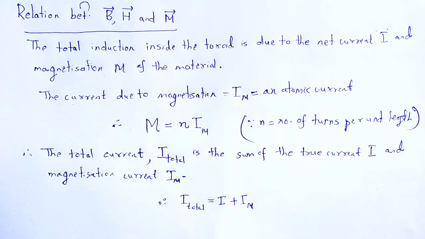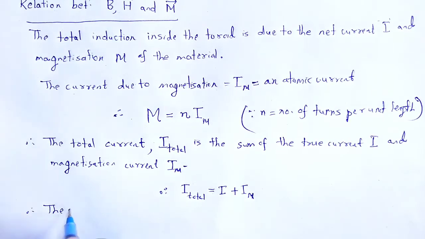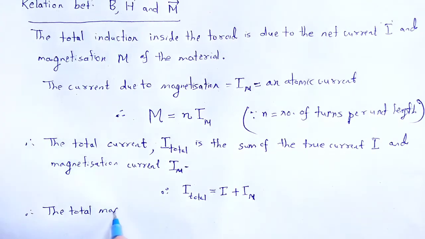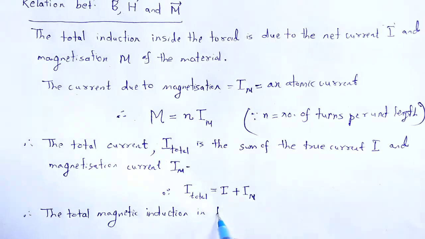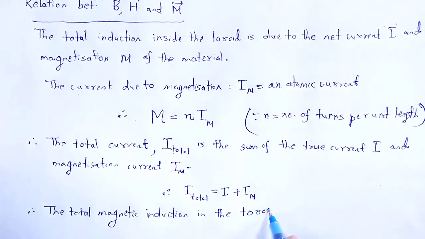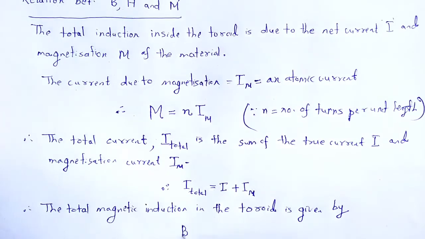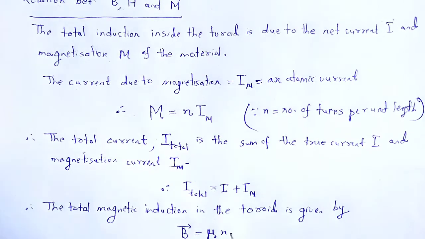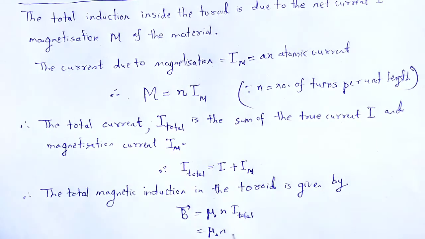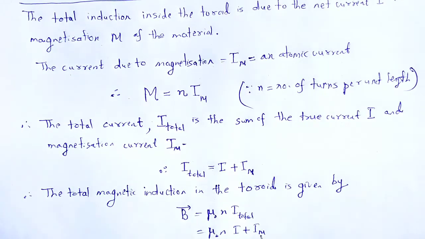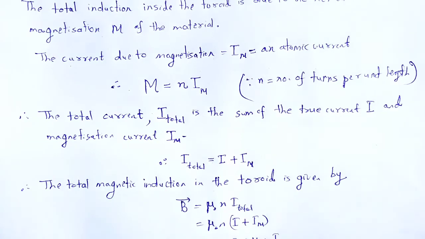Therefore, the total magnetic induction in the toroid is given by B is equal to mu n into I total, that is mu n into I plus Im, which is equal to mu n I plus mu n Im.